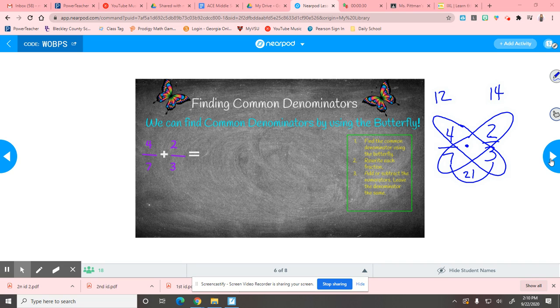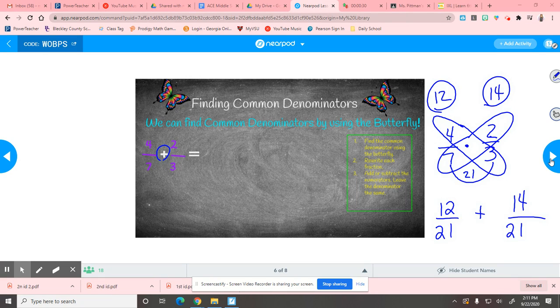That's our new denominator. So I can go ahead and set up my denominator: 21 and 21. Our new numerators are 12 and 14. The operation we're doing is addition.